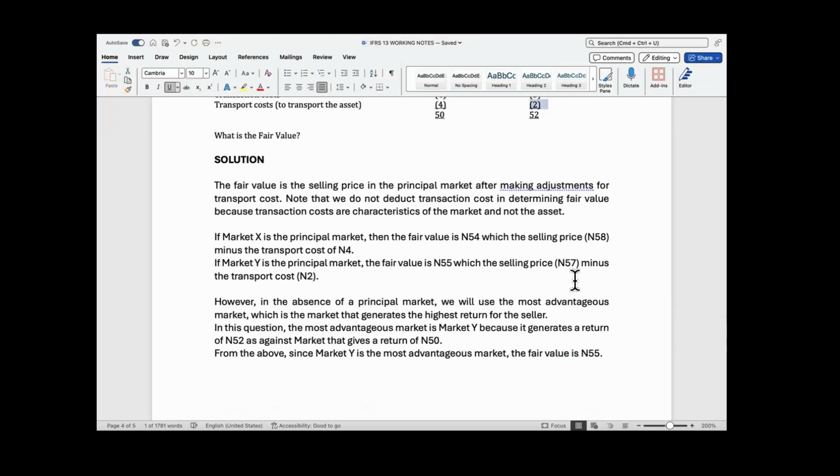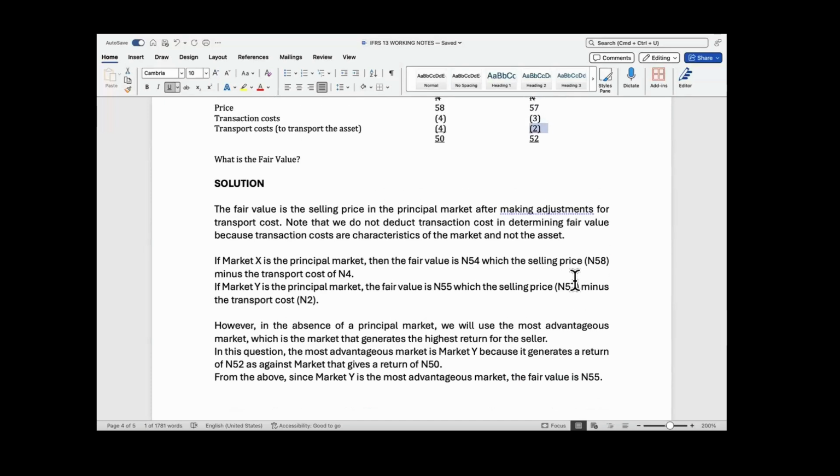So, what students find confusing, which I think should be very clear for you here, is that when they are determining fair value, they look at which one gives the highest return. By the time they get the one that gives the highest return, they will think that the highest return is the fair value.